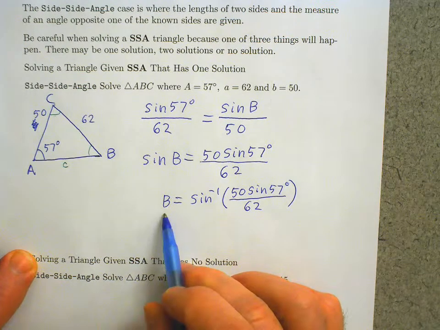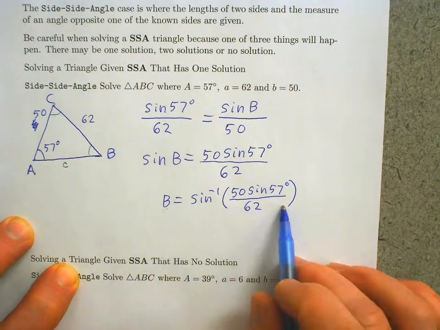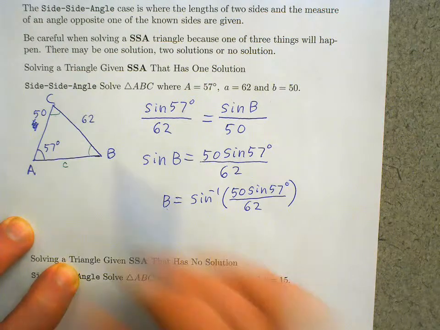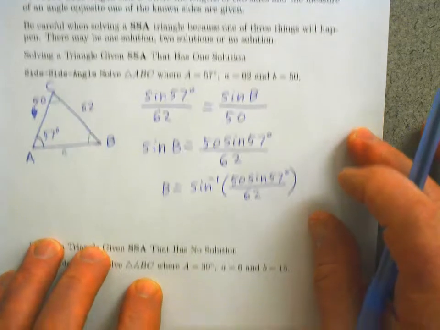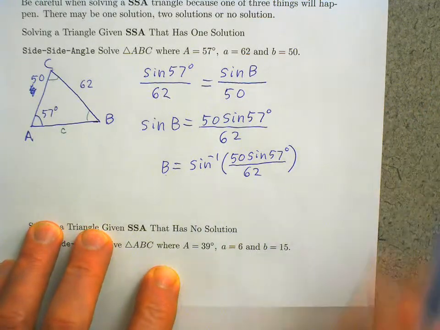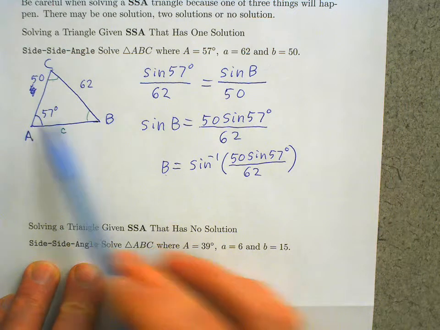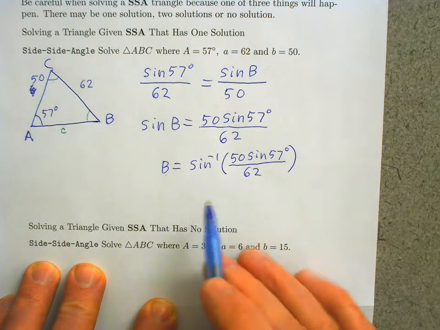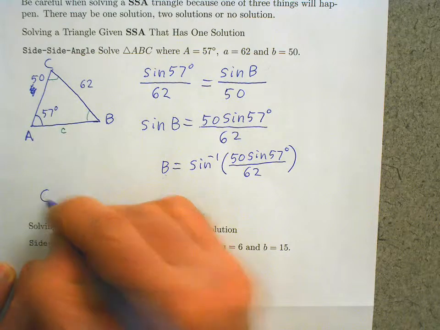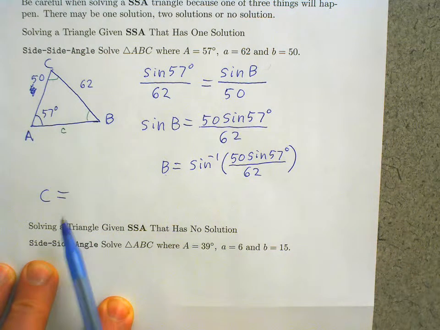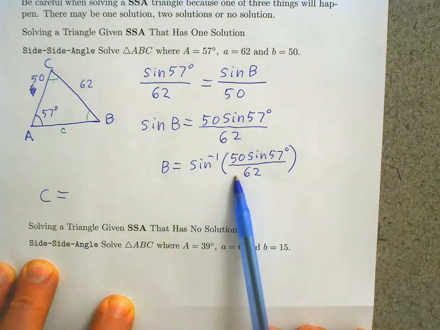Okay, but now that we know how to find the measure of angle B, then we have enough information to find angle C. So in the notation of the terms that we're using, since angle A plus angle B plus angle C has to add up to 180 degrees, we can say that angle C is 180 degrees minus 57 degrees minus inverse sine of this number.